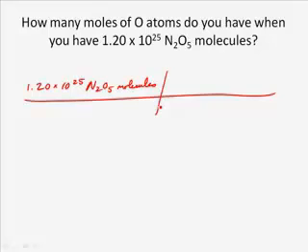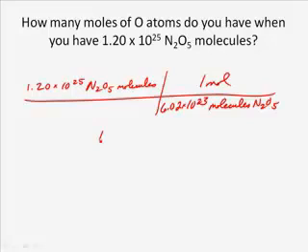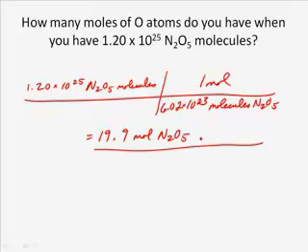So from molecules of N2O5 to moles, 1.2 times 10 to the 25th divided by 6.02 times 10 to the 23rd gives me 19.9 moles of N2O5.